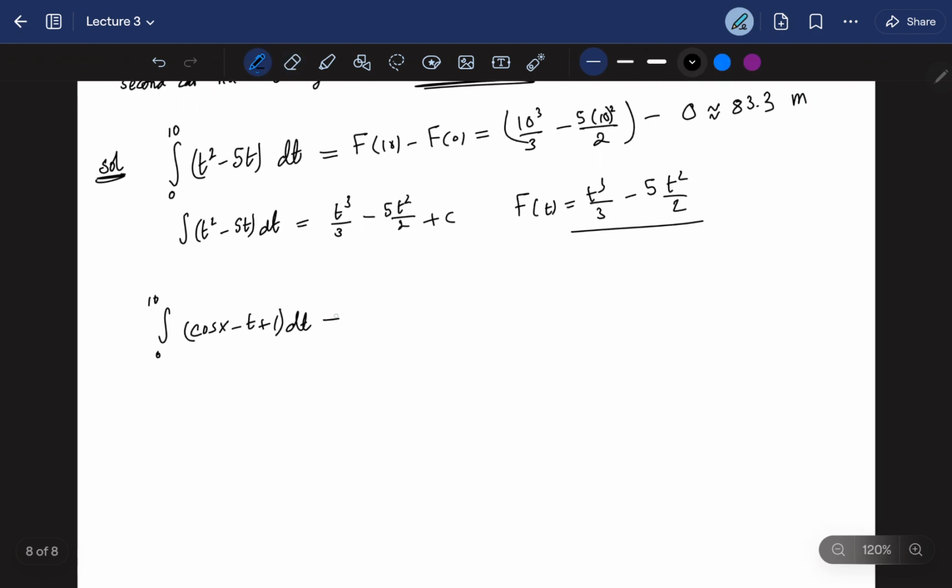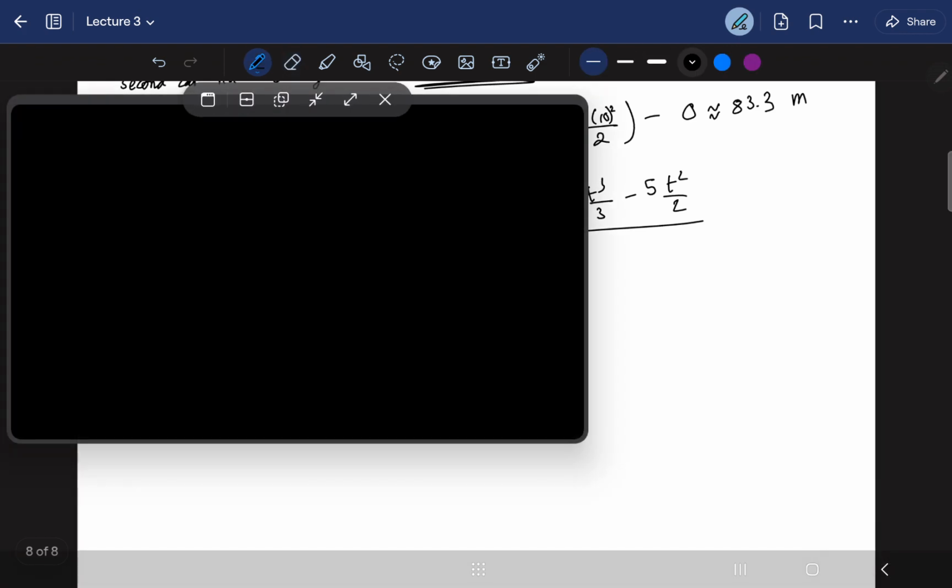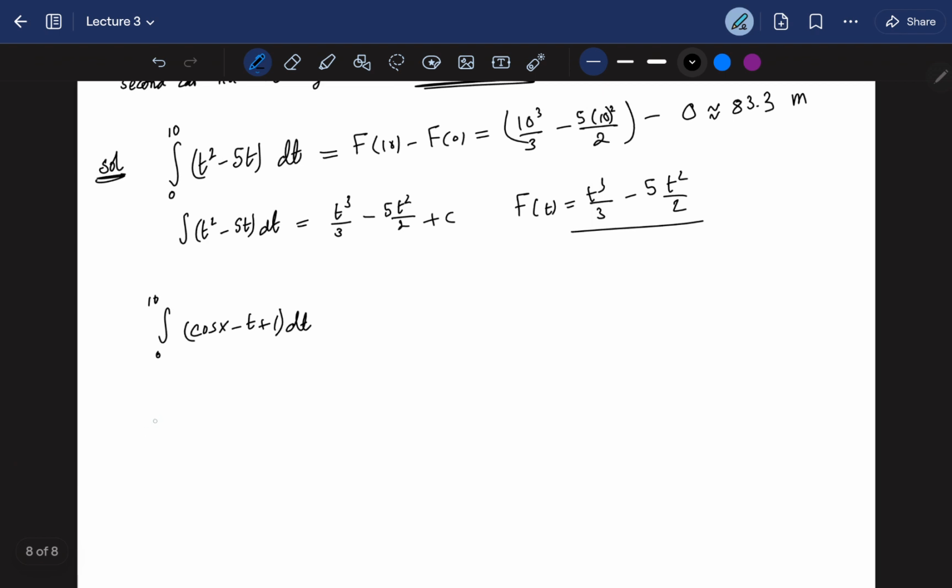The second car, to evaluate this using the fundamental theorem part 2, I want to find my antiderivative. So let's find the integral here.